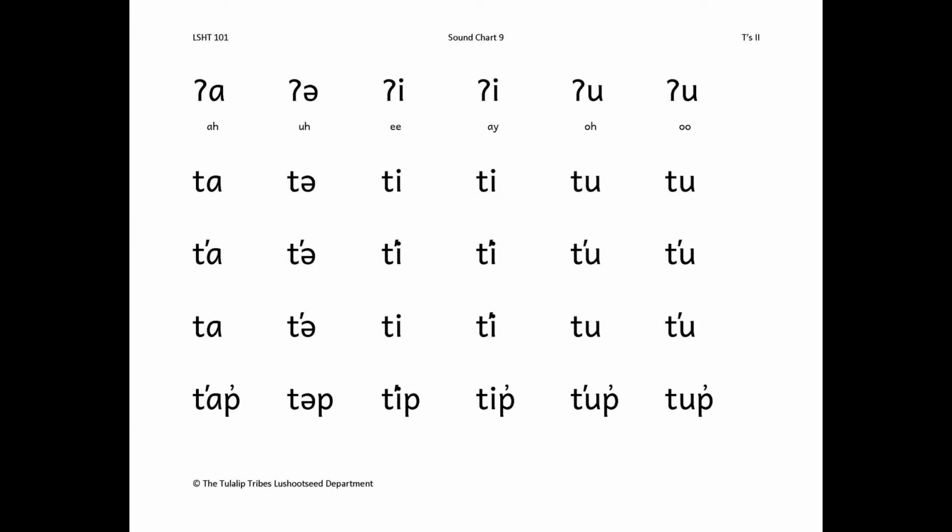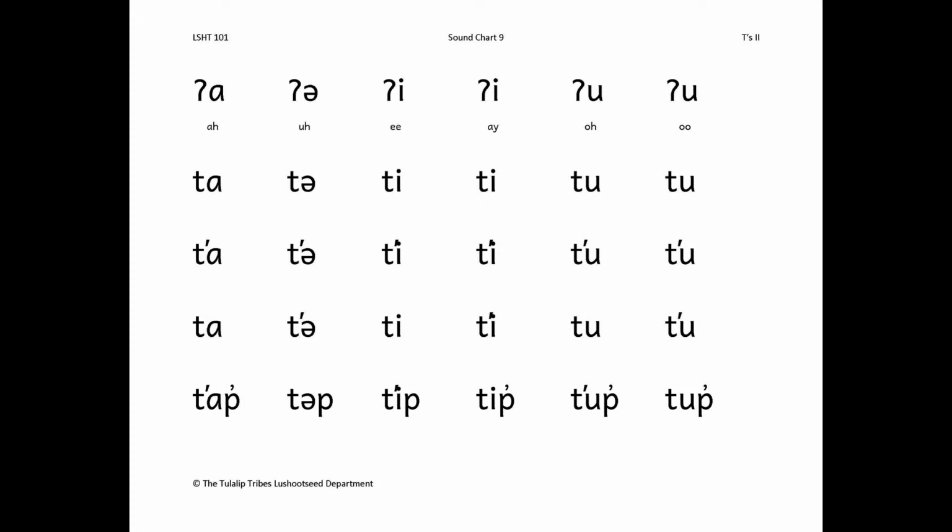Next line. E, A, O, U. Let's do that one again. E, A, O, U. Third line, we're going to alternate back and forth.